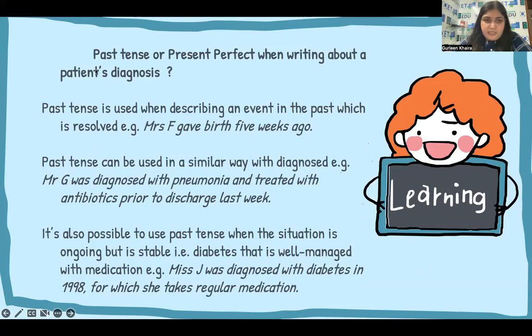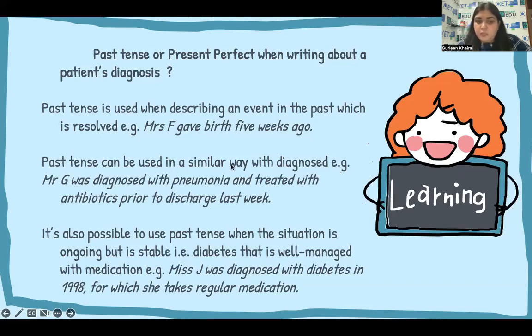Okay, now let's see which tense is to be used when you're writing about a patient's diagnosis. Use past tense when you're describing an event in the past which is resolved, which started in the past and which was resolved in the past. Like Mrs. F gave birth 5 weeks ago.